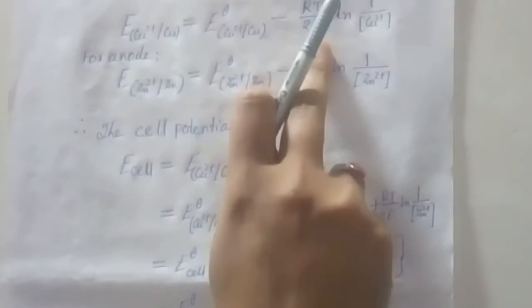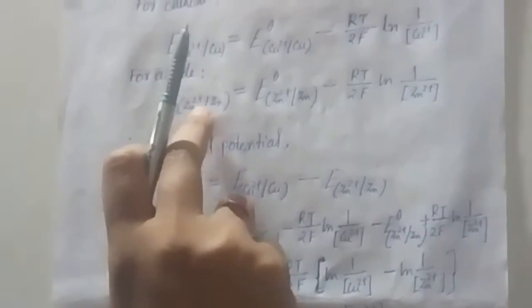At the cathode, the reduction of copper 2+ is taking place. So the electrode potential for the cathode is equal to the standard electrode potential for the copper electrode minus RT/2F ln of 1 by concentration of copper 2+. Similarly, the anode is the zinc electrode.